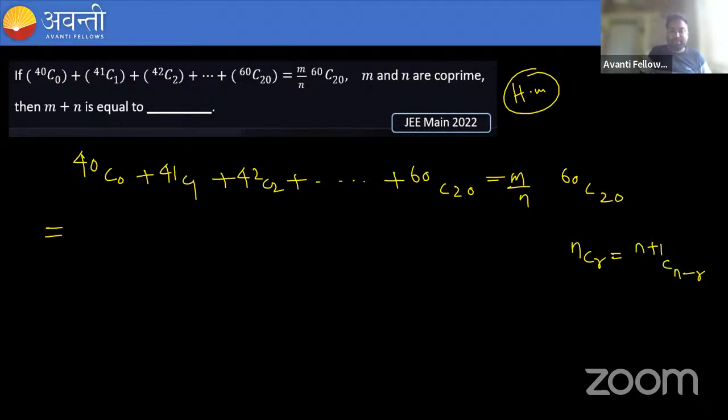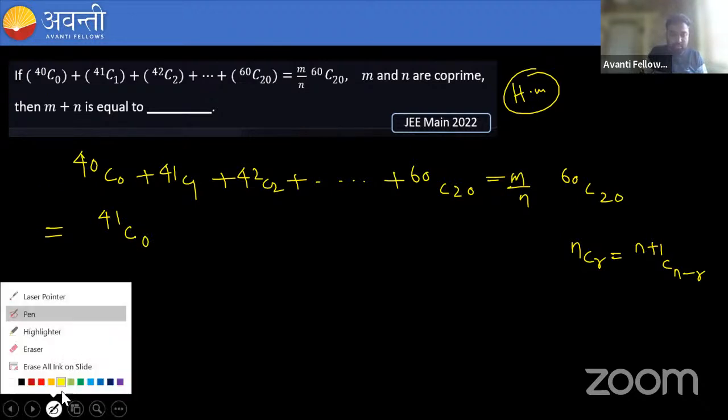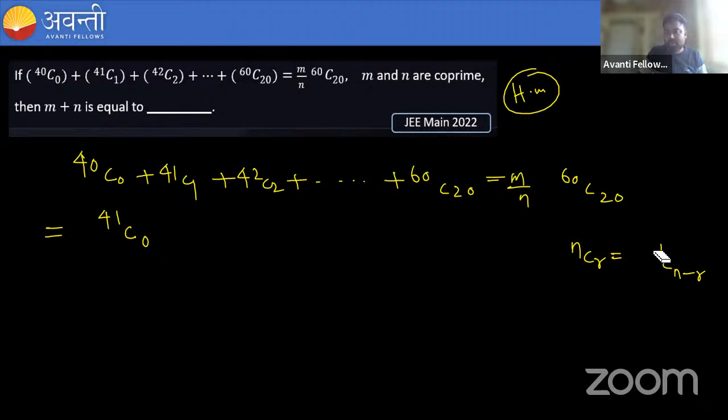So in place of 40C0 we can write 41C0, or not? Sorry, this is n minus r. I think I wrote it wrongly actually.